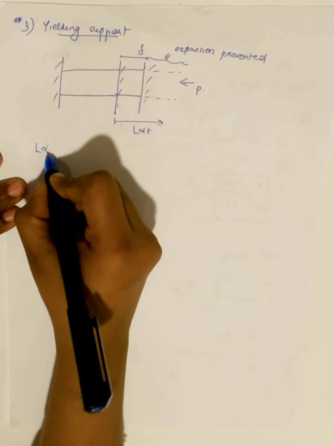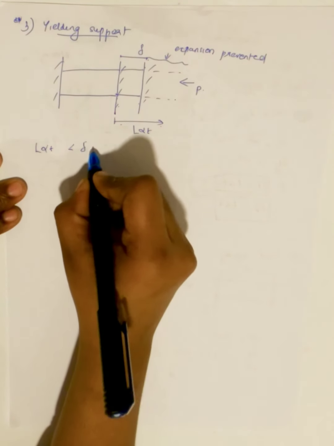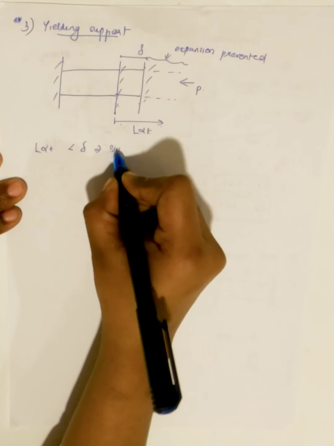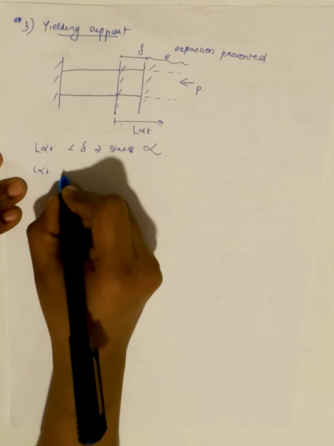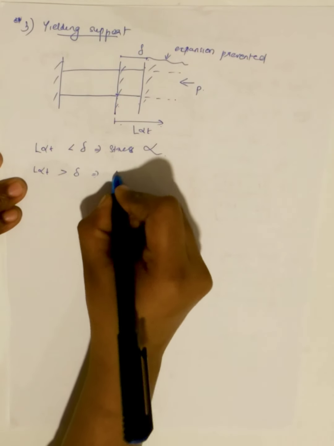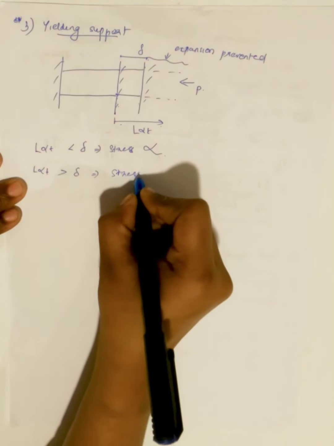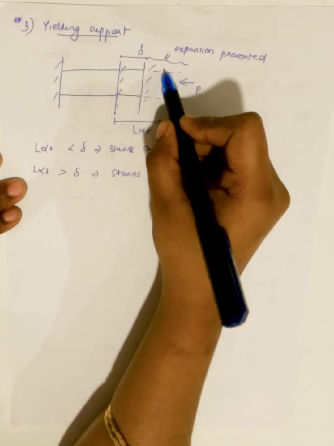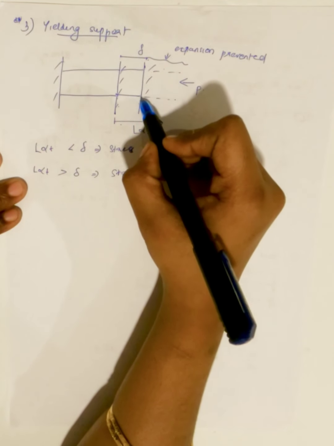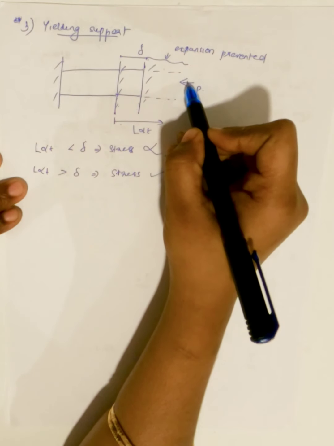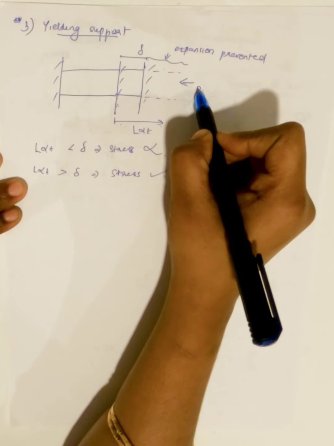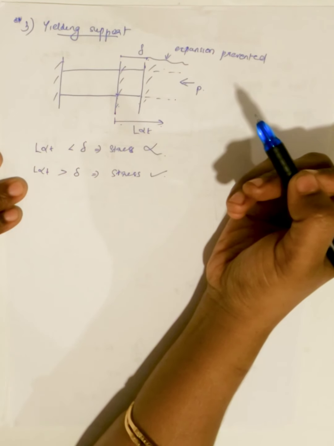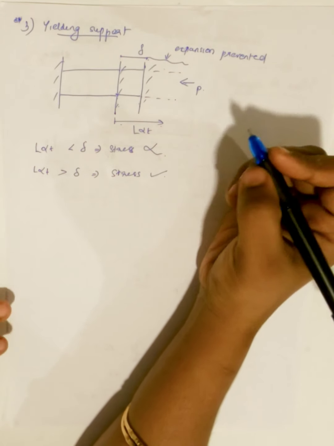So if L alpha T is less than delta, then we don't have any stress. But if L alpha T is greater than delta, then a stress will be developed, because it is yielding only till here. After that, any expansion will be prevented by a force P. Then a stress will be developed.